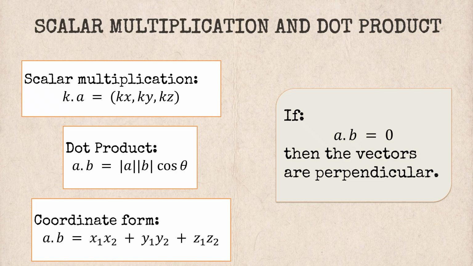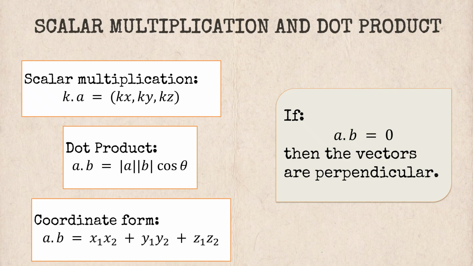Next, I have scalar multiplication and dot product. Scalar multiplication means multiplying every vector component by a scalar number. The scalar multiplication is k times A equals kx, ky, kz.